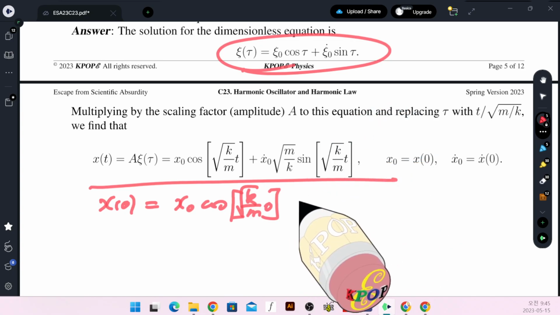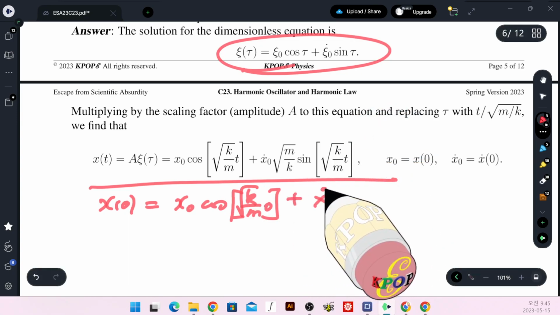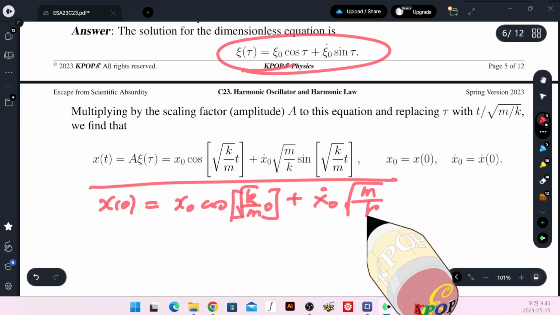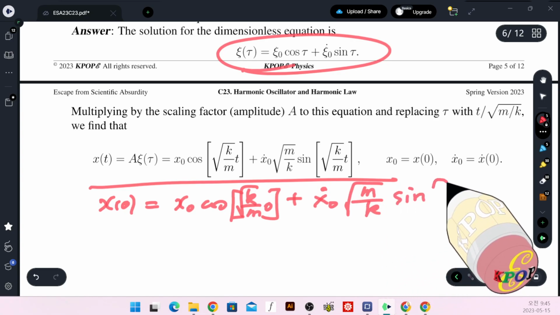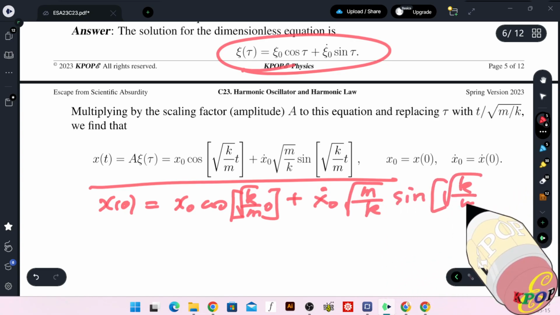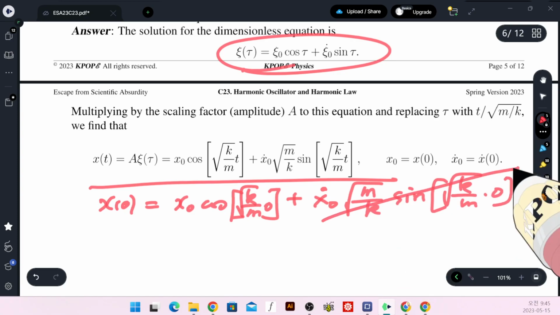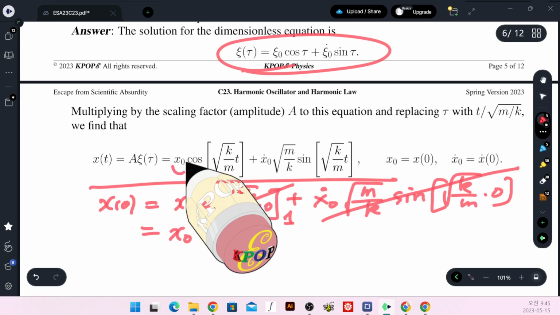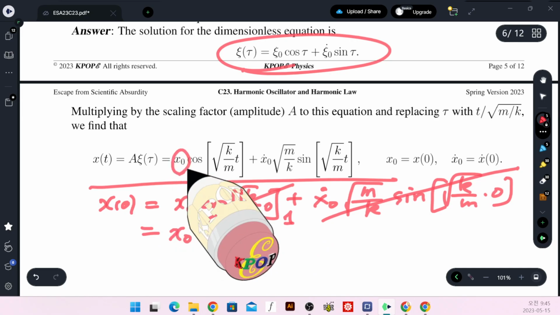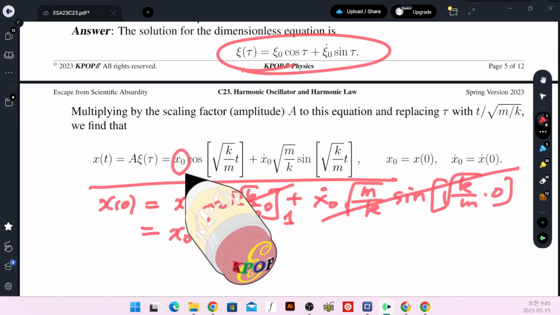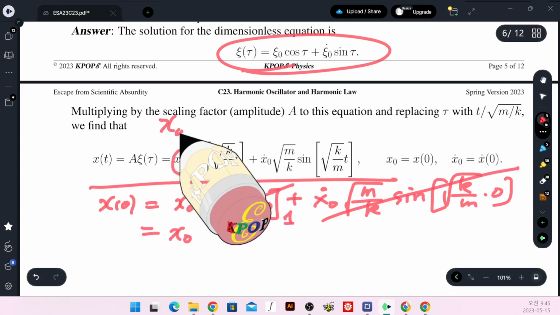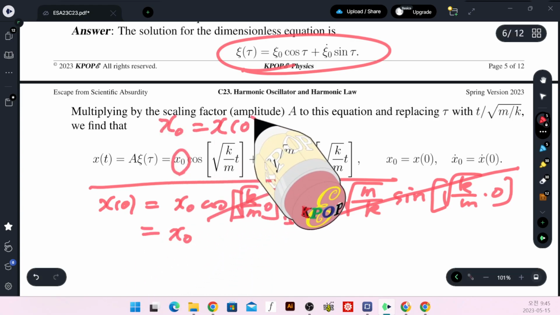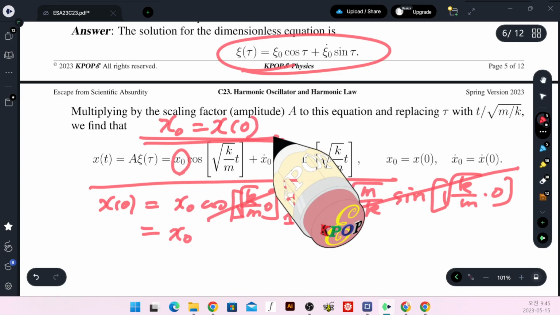The next term is x0 dot, square root of m over k, sine square root of k over m times 0. So this one vanishes. This one is a 1. Aha. This coefficient represents the initial position, x0, which is x evaluated at time equals 0.